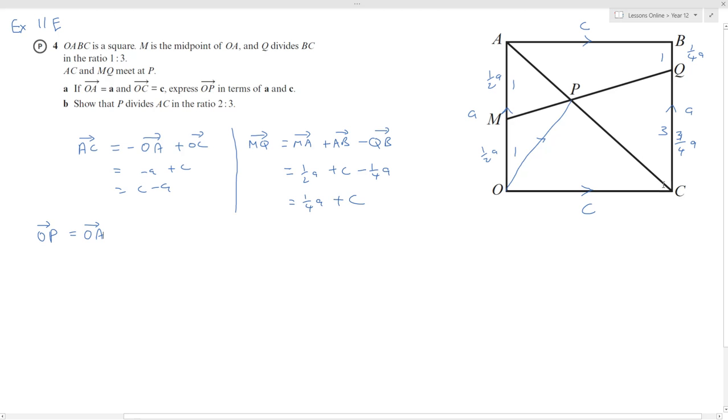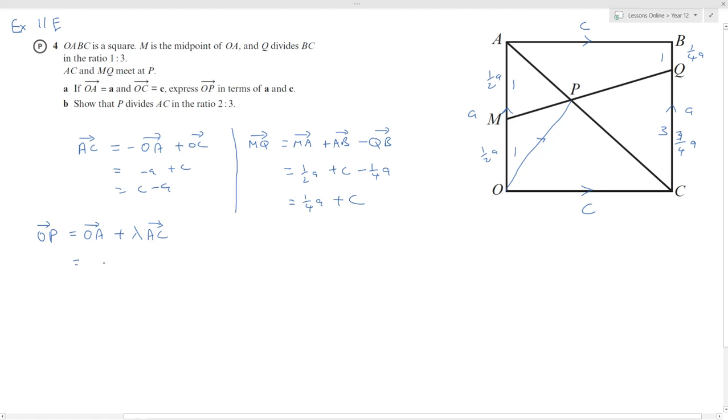Now we know what AC is, but we don't know what ratio AP is as a proportion of AC. So we can write, let's use an unknown, let's call it lambda AC. So it's a fraction of AC. It's running along AC.